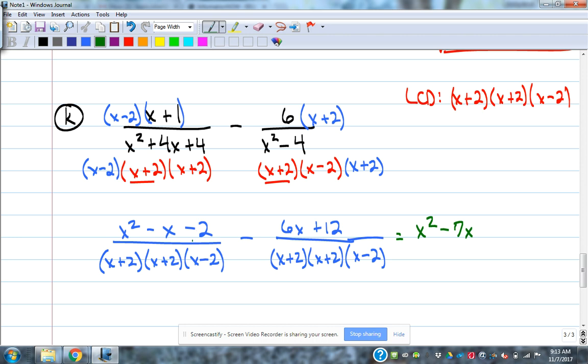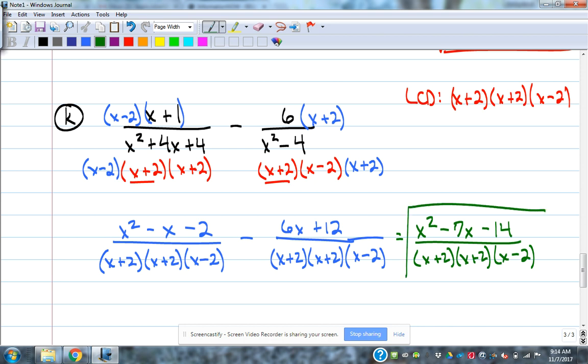And then negative 2 minus positive 12 would be negative 14, over x plus 2, x plus 2, x minus 2. Does this trinomial factor? Multiply to be negative 14 and add to be negative 7. My options are negative 14 and 1 or negative 7 and 2. Neither of those work. So I'm done.